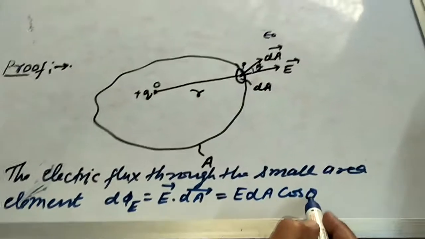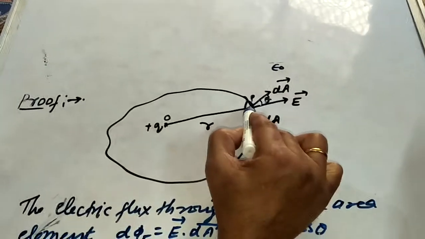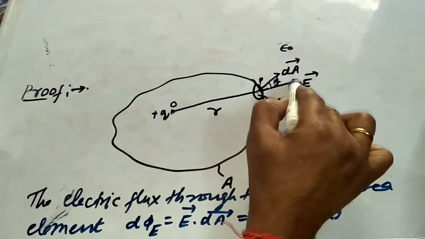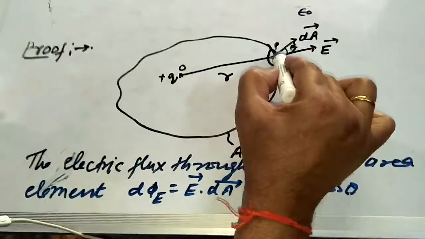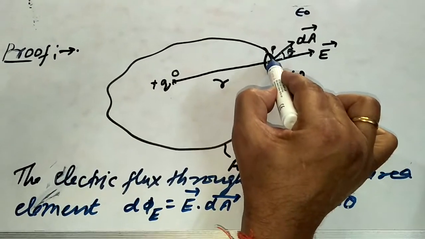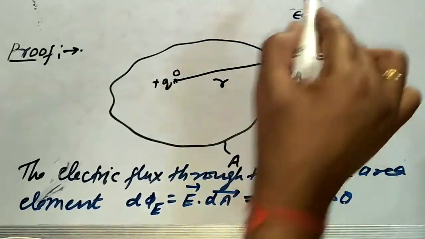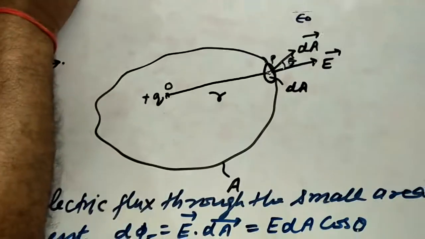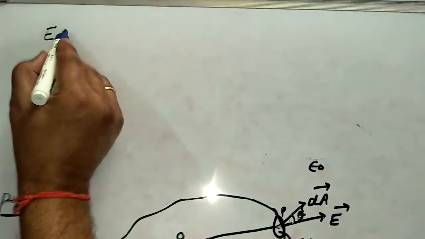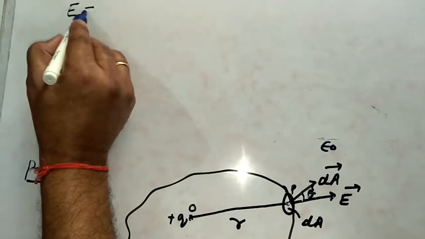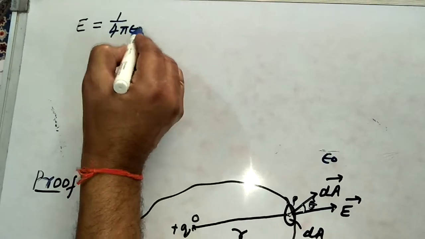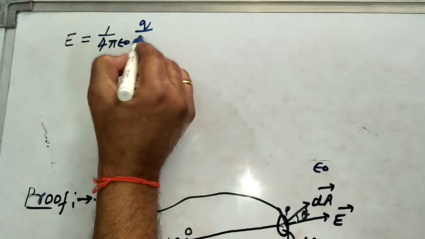Dear student, here theta is the angle between the electric field at this point P due to this charge plus q and the area vector of this small element. And as you know, this area vector is always perpendicular or normal to this surface and directed outward. And the electric field due to a point charge is given by E is equal to 1 upon 4 pi epsilon naught q by r square.